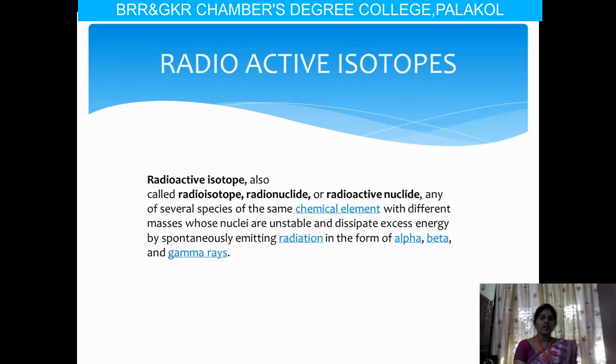Radioactive isotopes are also called radioisotopes or radionuclides, several species of the same chemical element that differ in mass number, whose nucleus is unstable and dissipates the excess energy by spontaneously emitting radiation in the form of three different rays, alpha, beta and gamma rays.